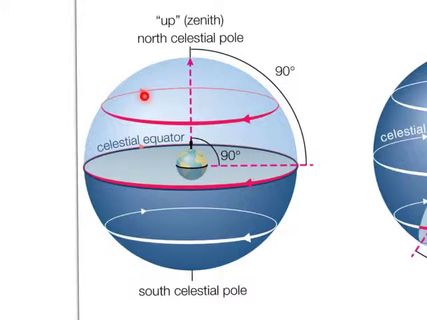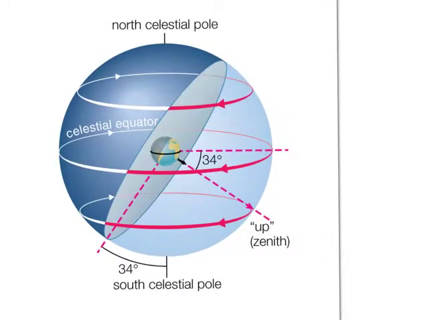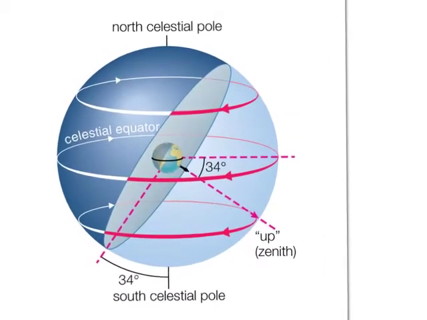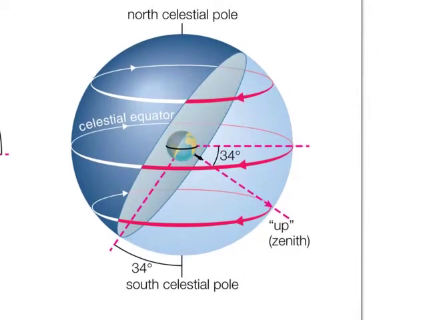So if we contrast that to a location in the southern hemisphere, specifically 34 degrees south of the equator, notice that this person's local sky has changed significantly.